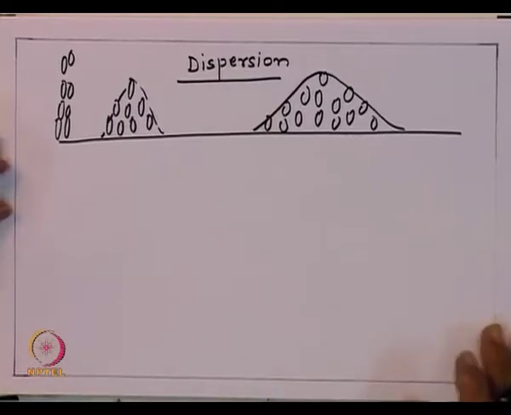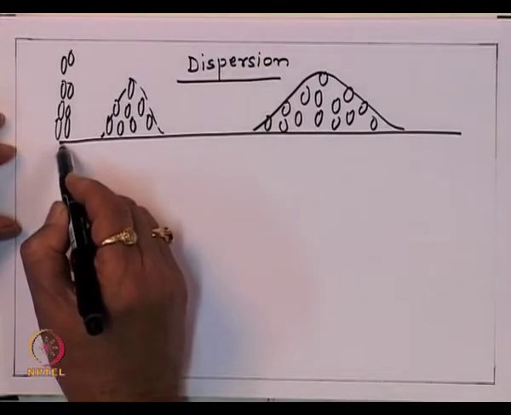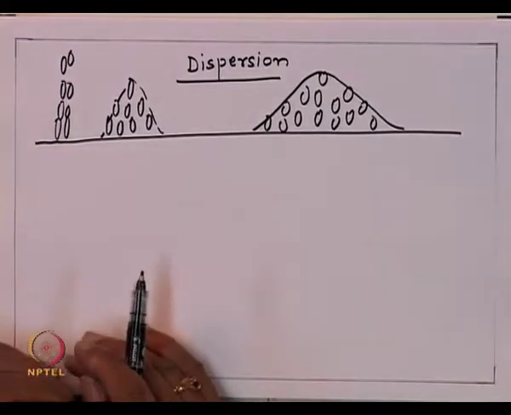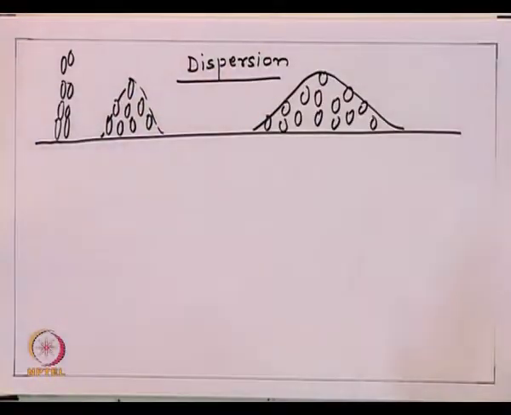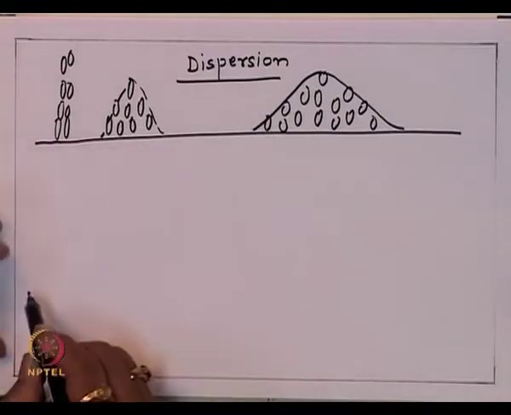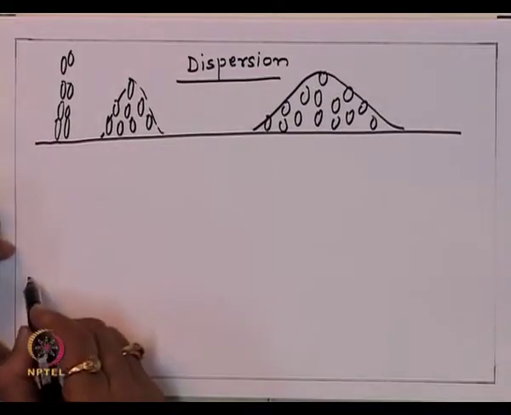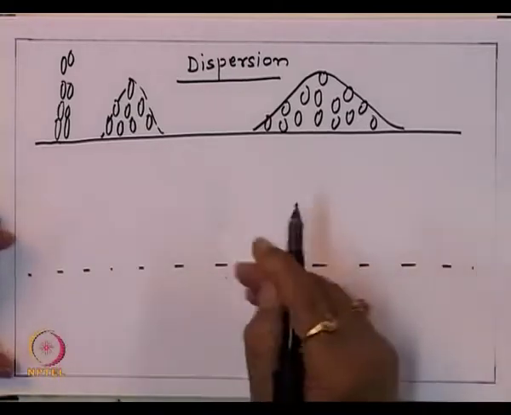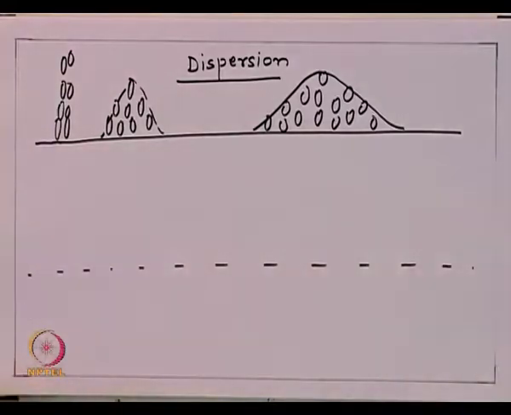Imagine now a situation where this marathon race is not held on a hard terrain. Let us say we have a huge mattress on which we want to conduct the marathon race, a thing which is like a soft material.